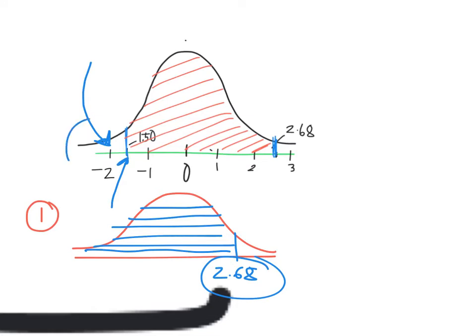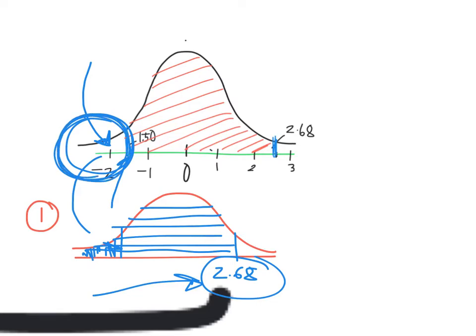Once you have this small portion, you have to remove it from the area you obtained through 2.68. So if you will be removing this, then that means you're subtracting the value of the area that you can find here from the area obtained through 2.68.